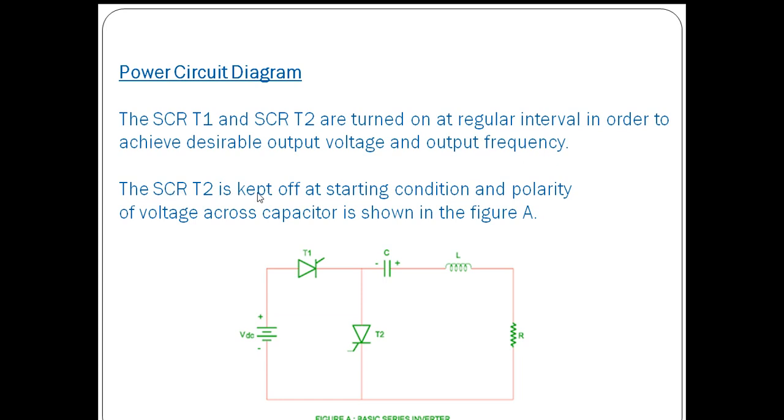The SCR T2 is kept off at the starting condition, and the polarity of the output voltage across the capacitor is shown in figure A. So initially the polarity will be like this and T2 is turned off, and T1 and T2 will be turned on according to the requirement for getting proper output voltage and proper frequency.